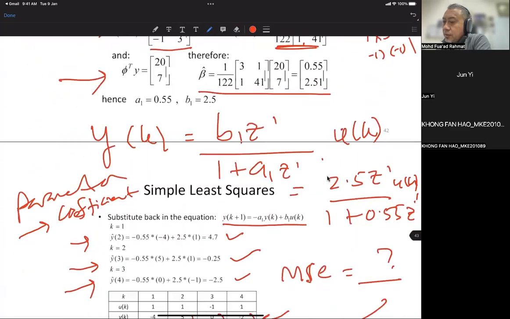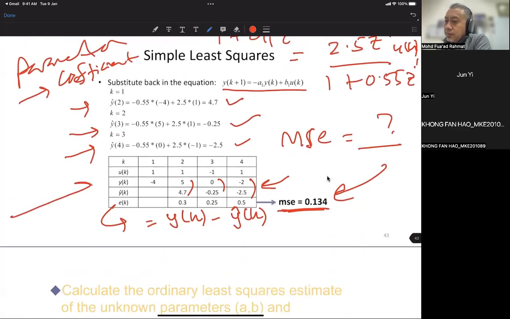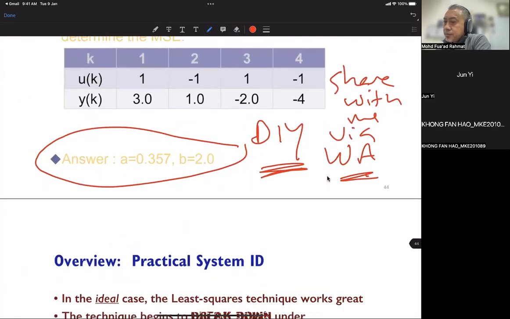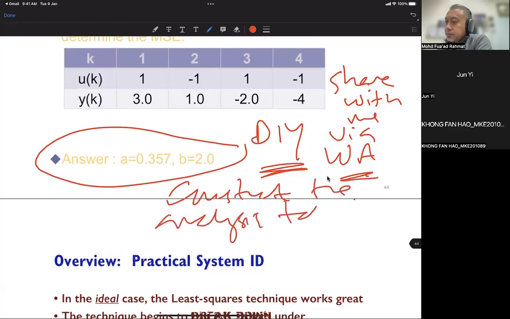Do this table as well: k, y(k), u(k), y estimate(k), e(k), and MSE. Construct the analysis table. You do it on a piece of paper, then use CamScanner and send it to me.